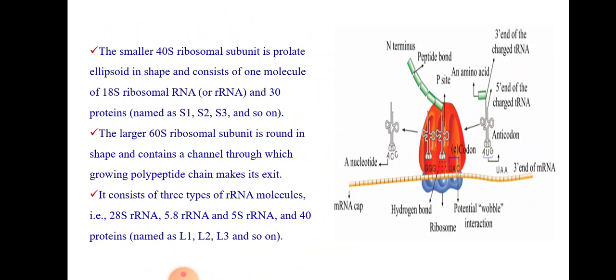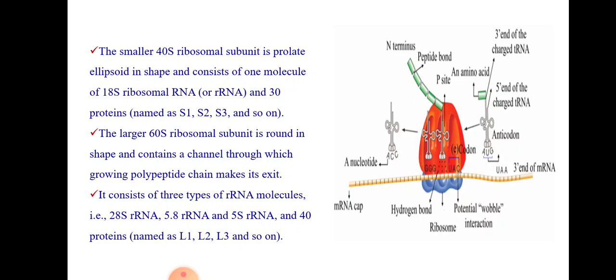It consists of three types of RNA: 28S rRNA, 5.8S rRNA, and 5S rRNA, and 40 proteins, namely L1, L2, L3, and so on.